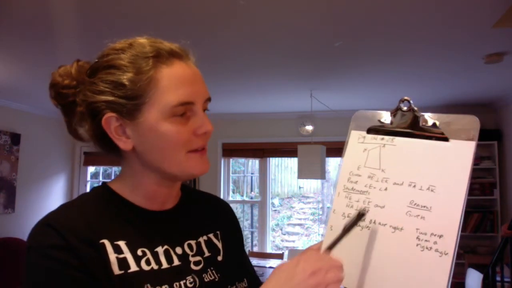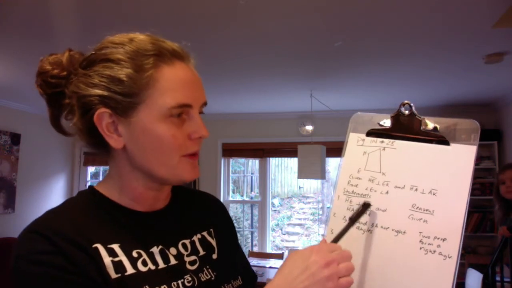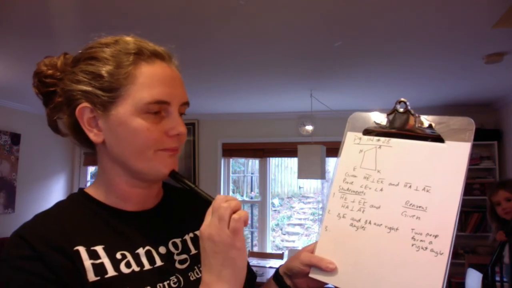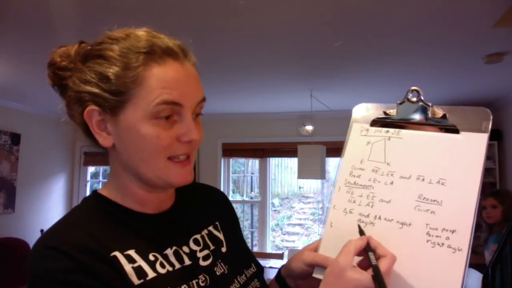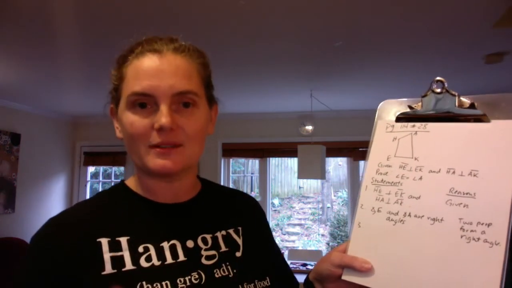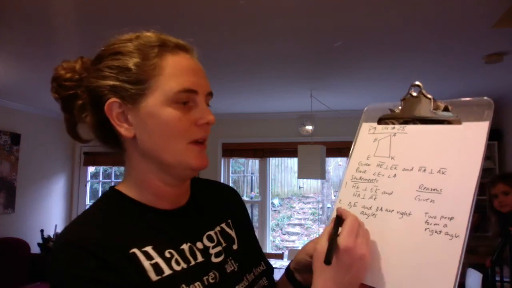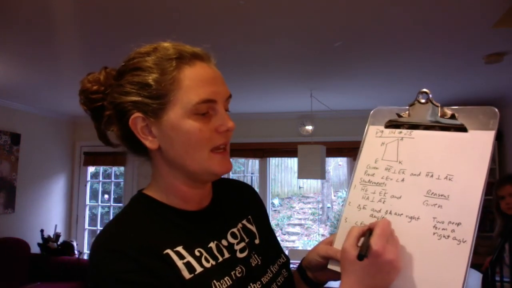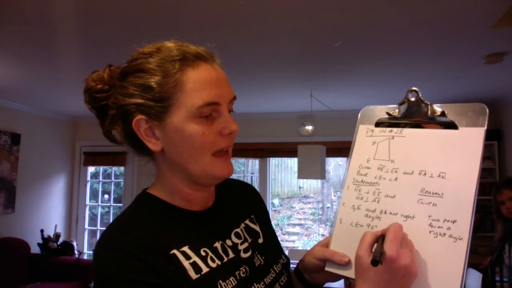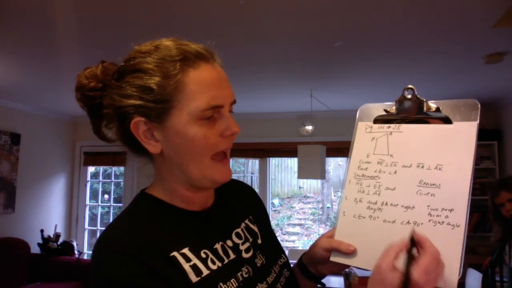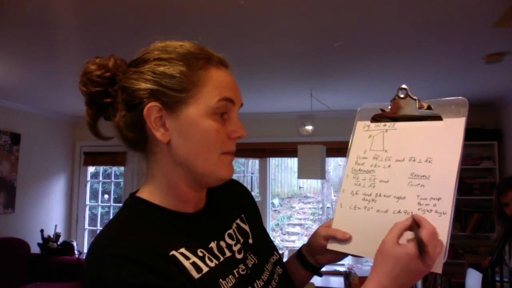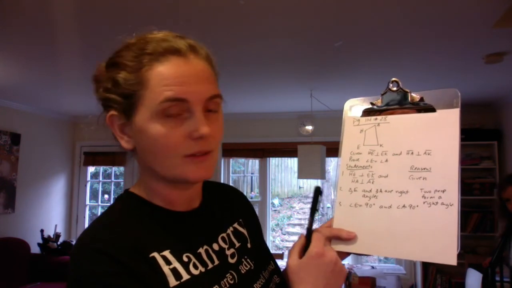Okay, so E and A are right angles, and I'm trying to prove that E equals A. So how am I going to do that? Well, because it's a right angle, that leads to the very next obvious step, which is that the measure of E equals 90 degrees, and the measure of A equals 90 degrees. And how do I know that? Well, I just use the definition of right angles.